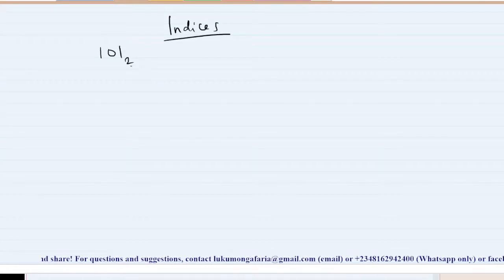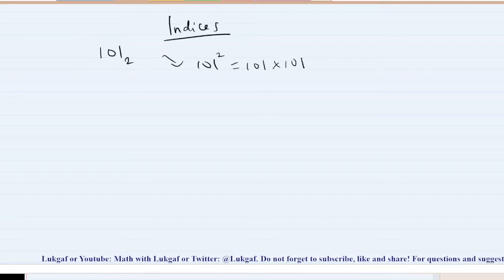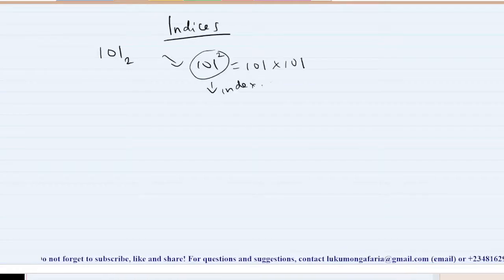Likewise, if you don't have a subscript, you can as well have a number in superscript. For example, if I have 101 squared, meaning 101 multiplied by 101, this is said to be in index form.